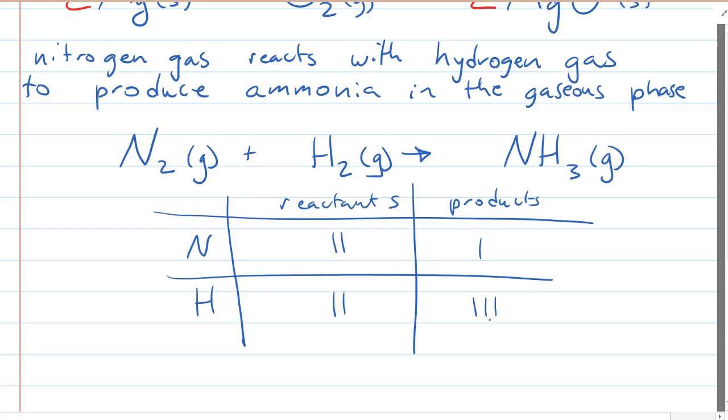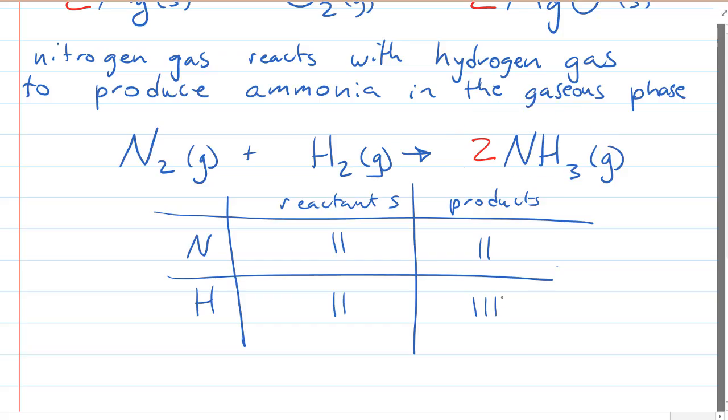Basically your goal is to make sure your number of tallies for each element is the same for each of these rows. If we see that nitrogen isn't balanced, we have 2 and 1 here, we might balance this by putting a 2 in front of the NH3. By putting the 2 in front of the NH3, we now wind up with how many nitrogens here? 2. And how many hydrogens? 6, right?